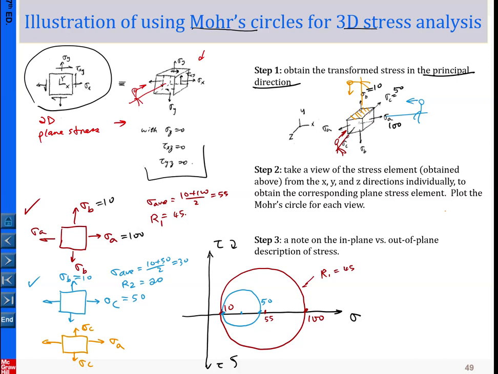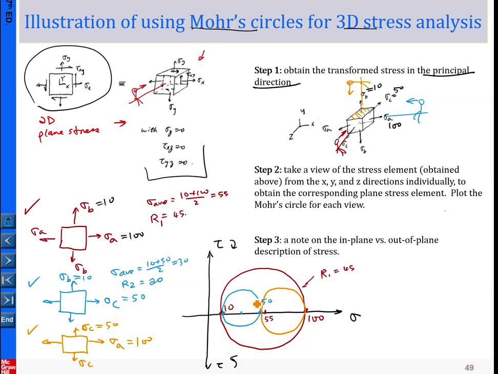Okay, now I continue to draw the third one here. So draw the third one, this is the 100 and this is 50. So that one should be, if you draw it correctly, here. The three Mohr circles, and here I use color to indicate which viewpoint, and which orientation we're looking into.